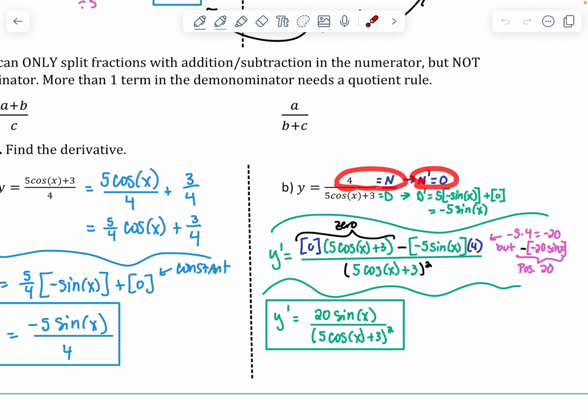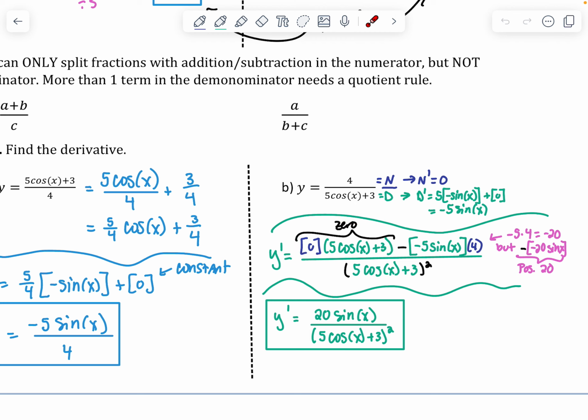A standalone numerator, which happens to have a derivative of 0 because 4 is a constant, and a standalone denominator whose derivative is negative 5 sine x. So when I write my n prime, which we said was 0, and I multiply it times my original d, 0 times anything is 0, so that's gone.